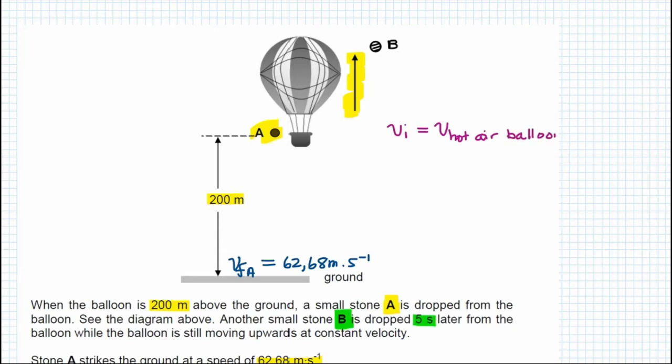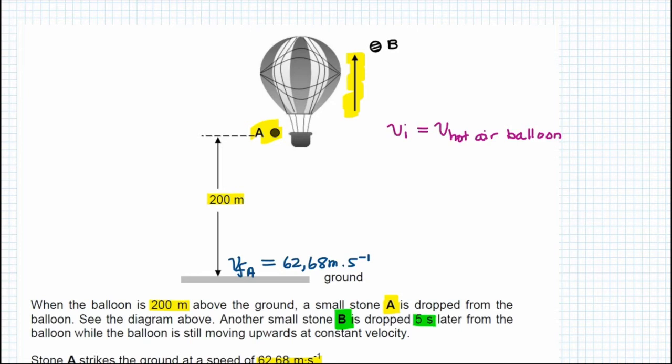So this object is a projectile. It starts off with an initial velocity that is not 0. Although they use the term dropped, we know that since we are dealing with a hot air balloon, the initial velocity of the stone will not be 0, but will be equal to the speed at which the hot air balloon is traveling. Please do not forget this very useful information.